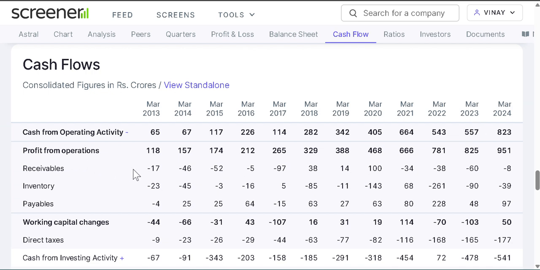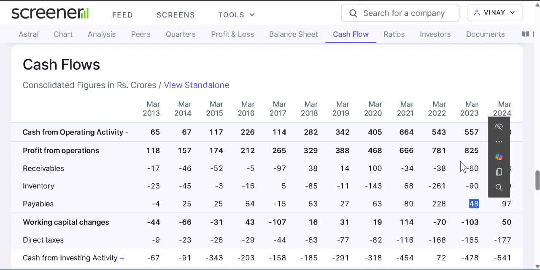So firstly, the profit from operations, 825 crore. Now there were some receivables, that is minus, then inventory is reduced, and there were some payables. So this is added.